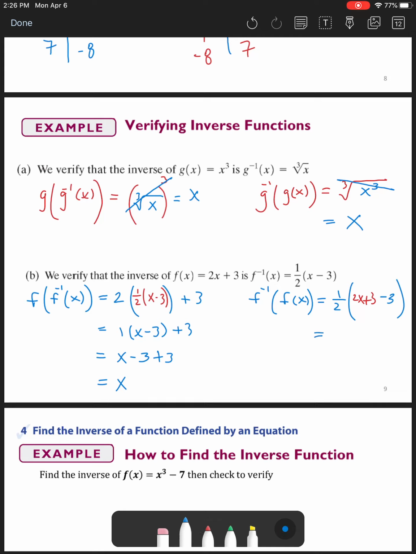The 3 minus 3 is gone. Left with 1/2 times 2x equals x. So these are inverses.